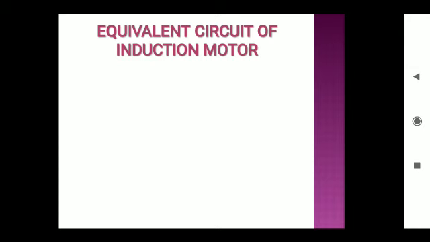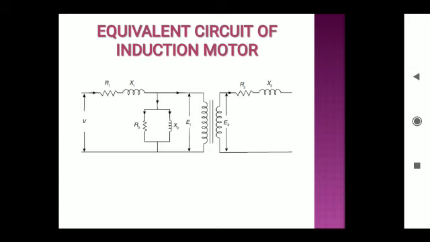Now the equivalent circuit of the induction motor. So this is the equivalent circuit at open circuit condition. Just like a transformer, there is a primary side, this is the stator side, and there is a secondary side, that is the rotor side.